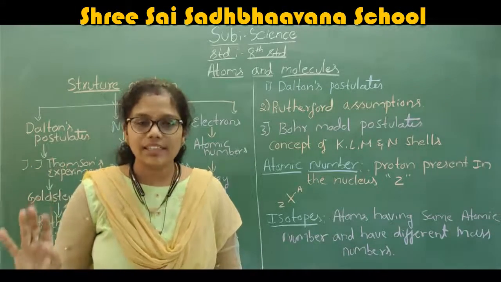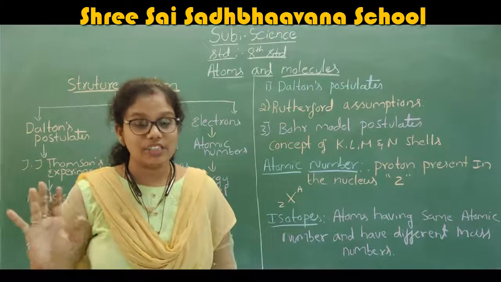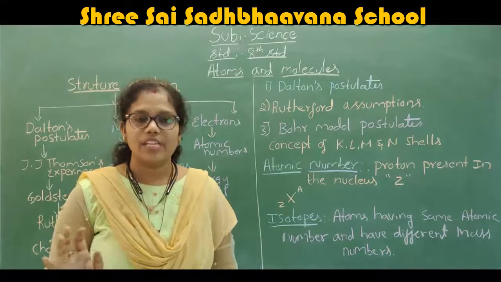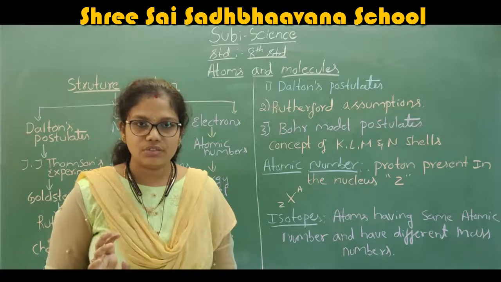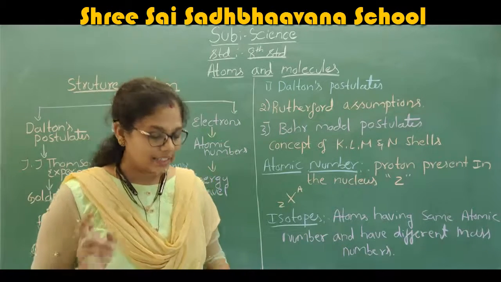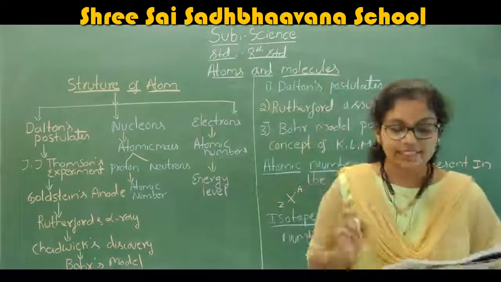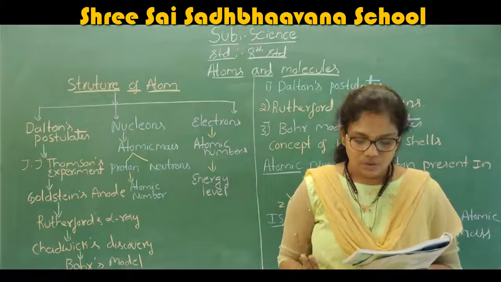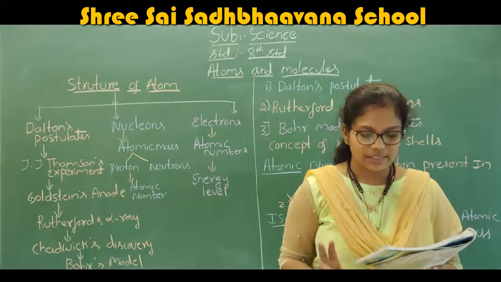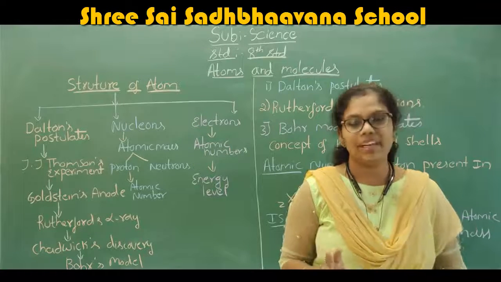All atoms have this diagram, an identical shape. Understood? What is the second postulate? All atoms of an element are identical in shape and also in mass and other properties, but differ from the atoms of other elements.